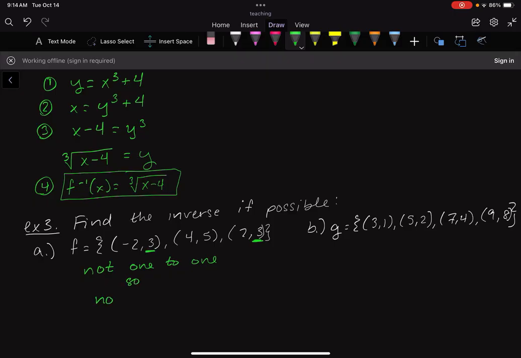So it is not possible for us to get the inverse of that. Now this one, g, is one-to-one, meaning we have one x value to one y value. We don't have any repeats going on at all.